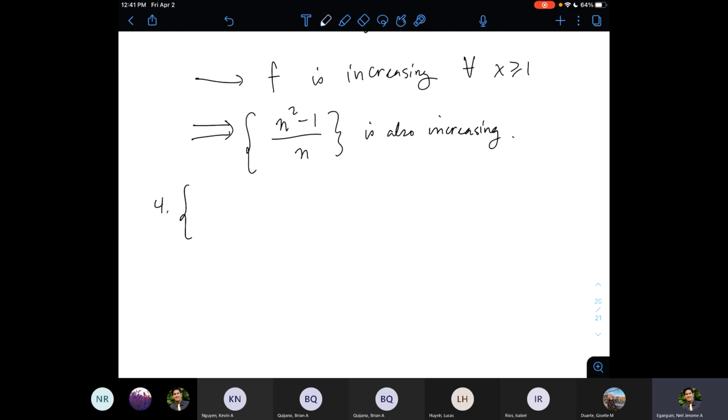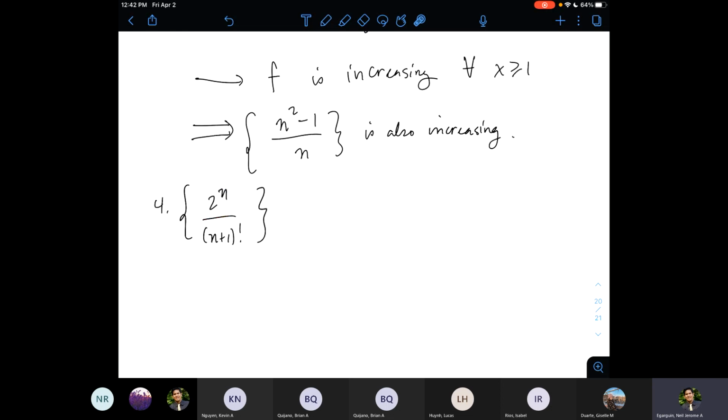Let's try it for, say, 2 to the n over n plus 1 factorial. And at first glance, we know what will happen here. We know that factorials grow a lot faster than exponentials.